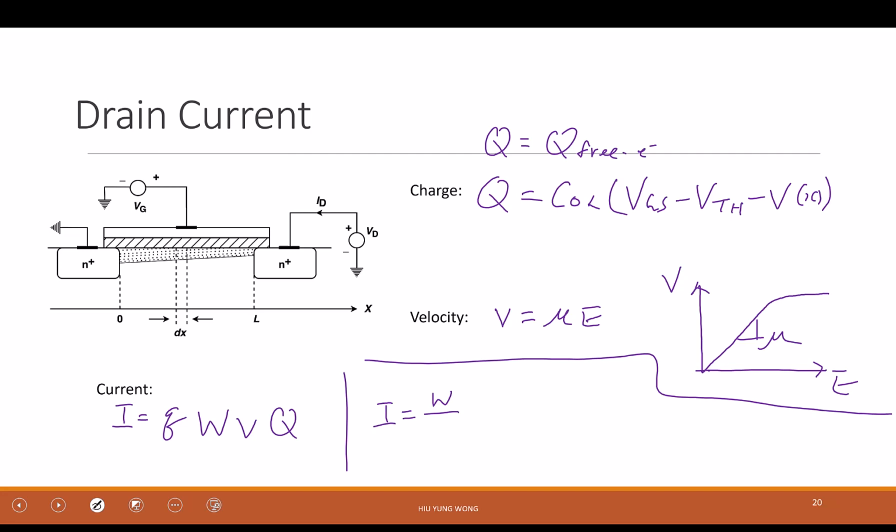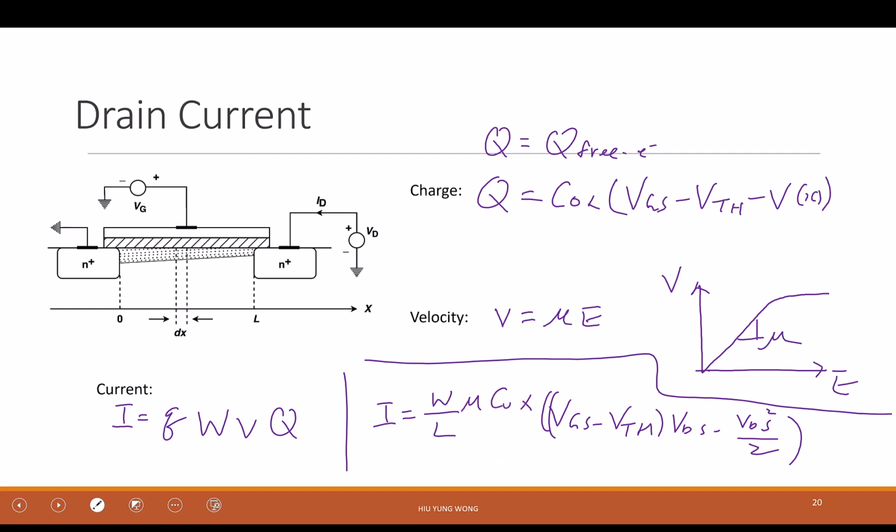Then we find that the current is μ W over L times Cox times (VGS minus VTH) times (VDS minus VDS squared divided by 2). Now, I could have an interview just to ask you to explain this equation. Current is of course proportional to the width because it's a resistor. Transistor is a resistor. Inversely proportional to the length because it's a resistor. Why is it related to Cox?